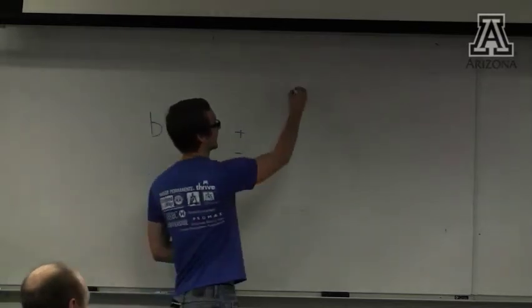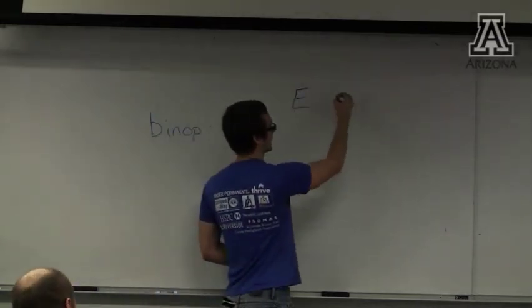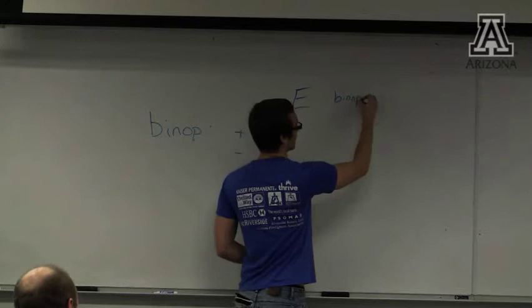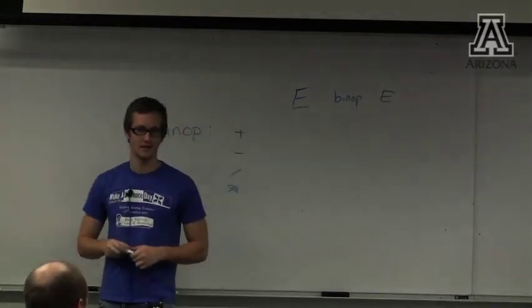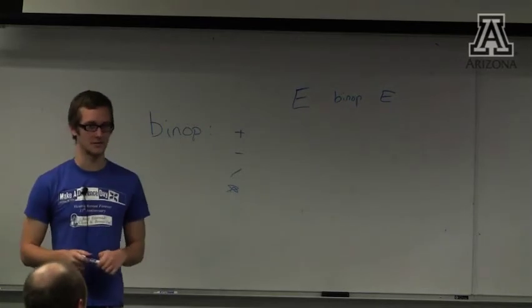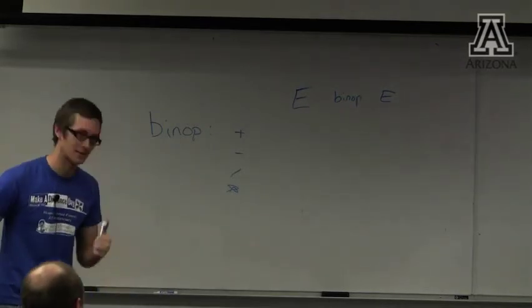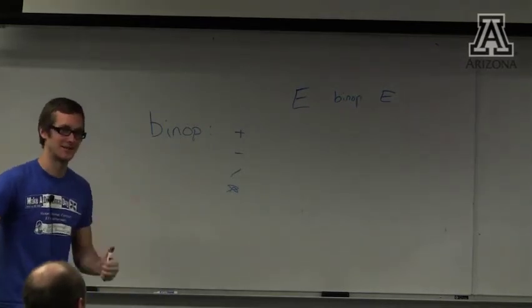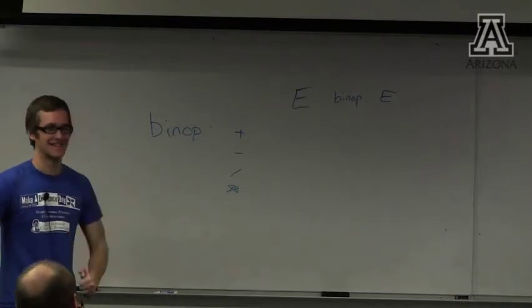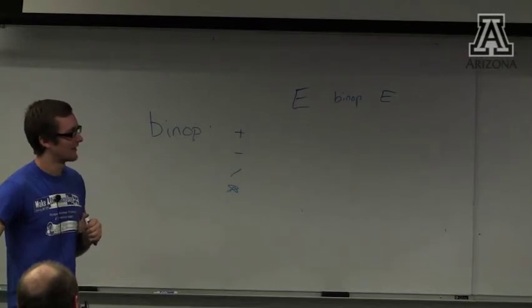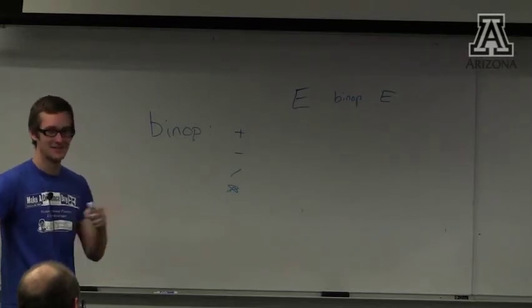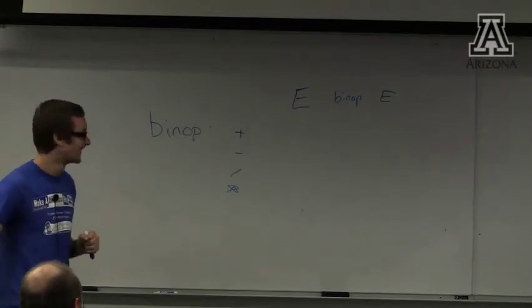Up here you have an expression, binop, an expression. You're really excited, and then you run Yacc, and it tells you that you have 64 shift-reduce conflicts. And you're like, Sam lied to me. He told me associativity would solve this, and it clearly has not. Has anyone encountered this?